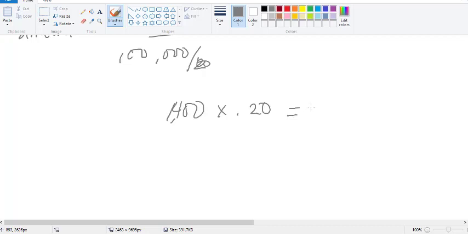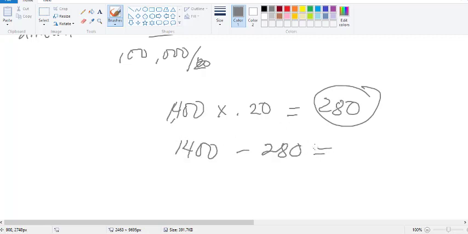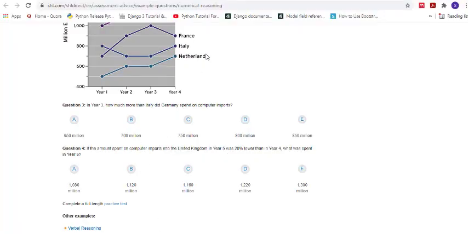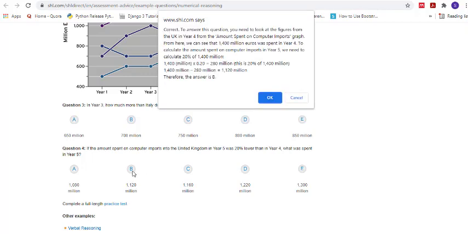So, wait lang, let me use my calculator. 1,400 times 0.20. 280. Okay. Ito yung ibinaba niya. Hindi pa ito yung final na sagot. I-minus mo pa ito siya sa 1,400. So, 1,400 minus 280 is equals to 1,120. This is the answer. So, hanapin mo dito, andito siya. So, if we choose this one, tingnan natin kung tama tayo. Okay, so apparently, it is correct.